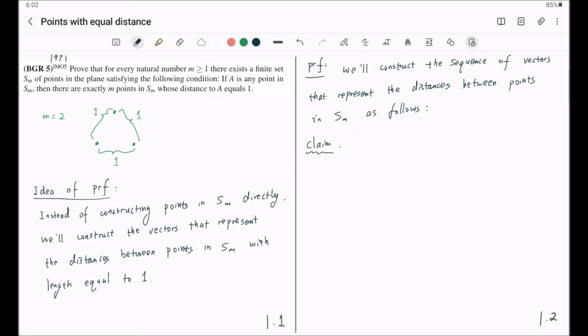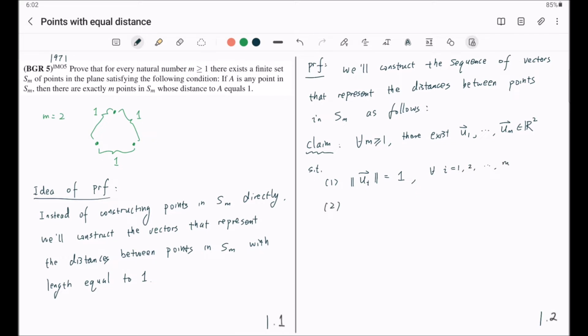Claim: for any m greater or equal to 1, there exist vectors u_1 through u_m in R^2 such that, number 1, the length of each u_i is equal to 1. So they are unit vectors.